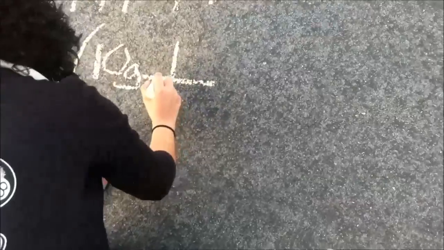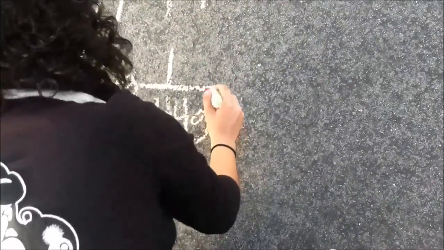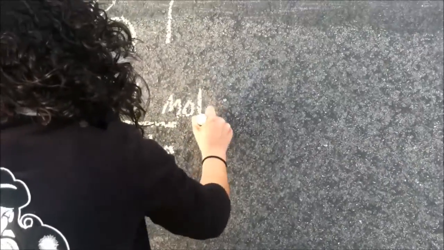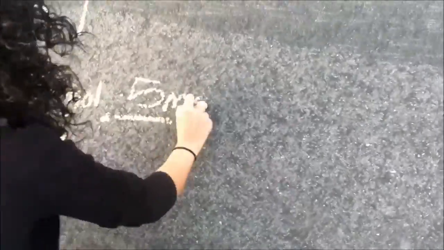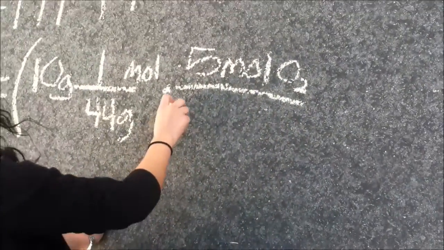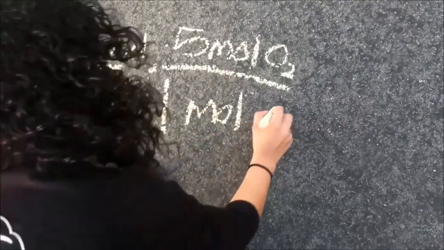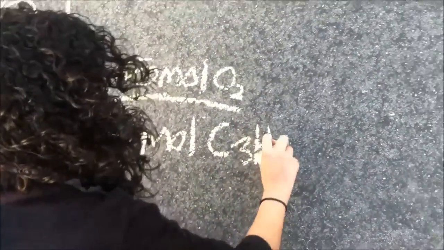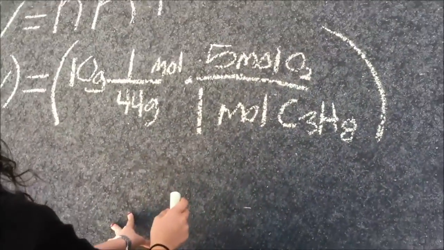So, because we are trying to find the volume, you're going to plug in your numbers. 1 times V is equal to 10 divided by 44 times 5 times the constant, which is 0.0821, and times the temperature, which is 30 plus 273.